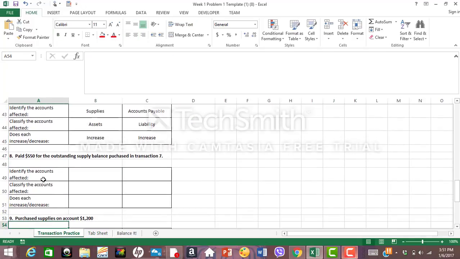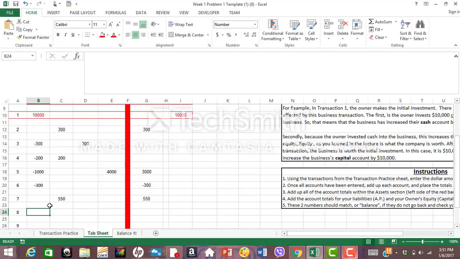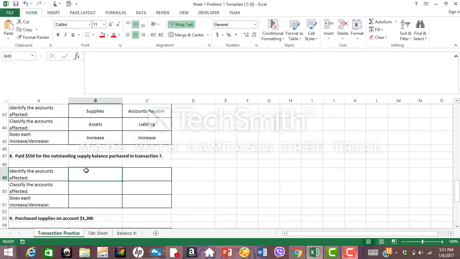Transaction 8 says paid $550 for the outstanding supply balance purchased in transaction 7. So we're just going back to pay the transaction. So we go back to the transaction practice, and we automatically know that cash is being taken out, which is a part of assets, and it is decreasing.